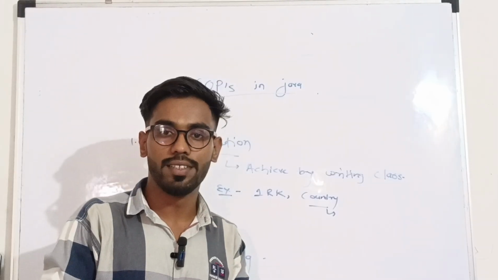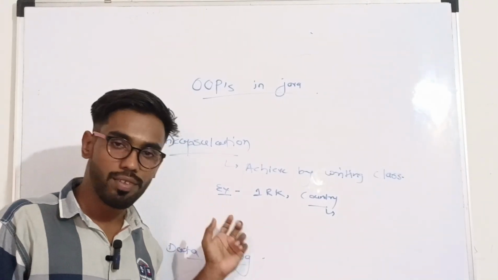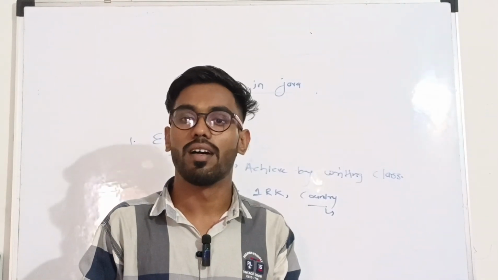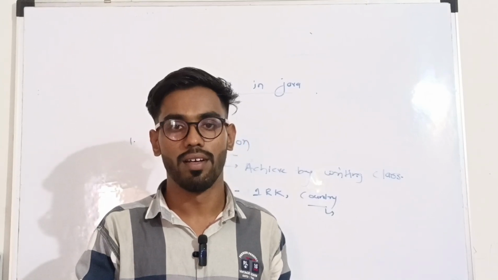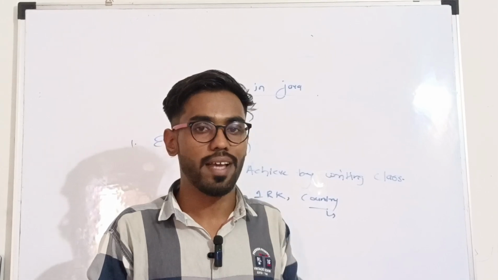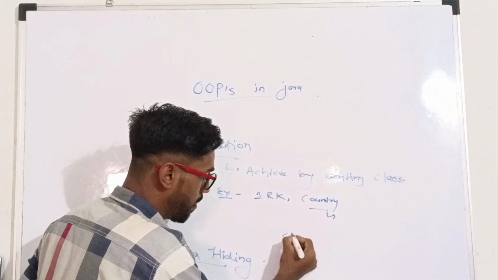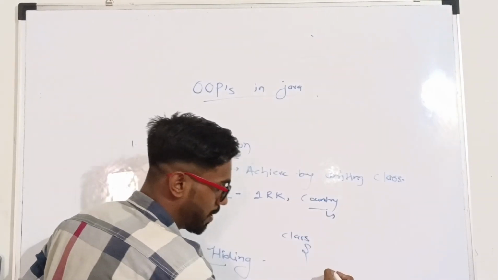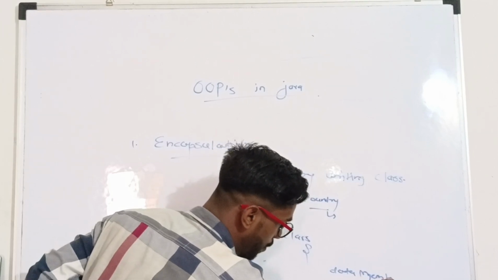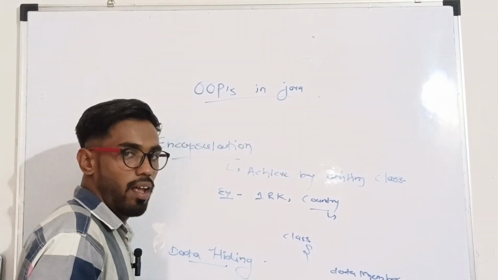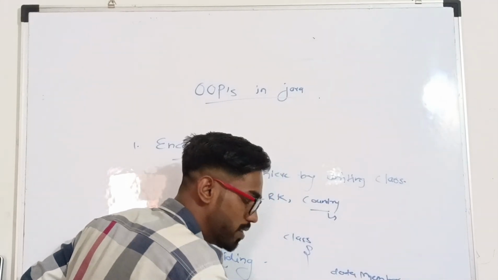So the first concept of object-oriented programming is encapsulation. Encapsulation is nothing but binding, or we can say wrapping, the characteristics and behavior in a single unit. Assume there is a class, and we declare variables, which are the data members, or characteristics, and we write methods, which are the behavior.